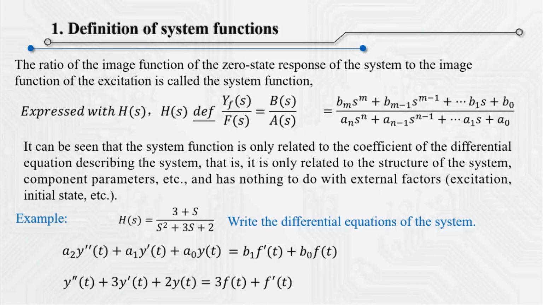Let's look at an example question. Known H(s) equals (3s plus 1) divided by (s squared plus 3s plus 2). Write out the differential equation of the system.